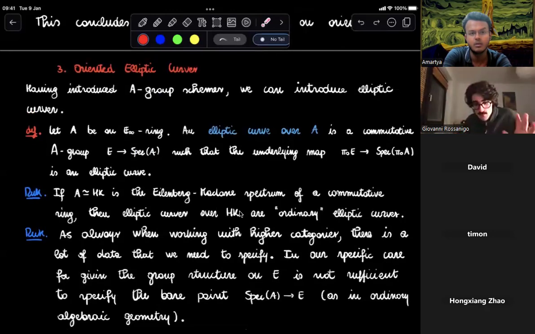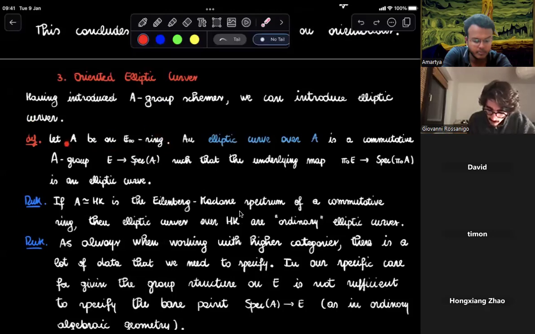Now we have A group schemes. So we have functors which are represented by flat schemes, and these functors factor over commutative algebra objects. And with A group schemes, we can introduce elliptic curves.